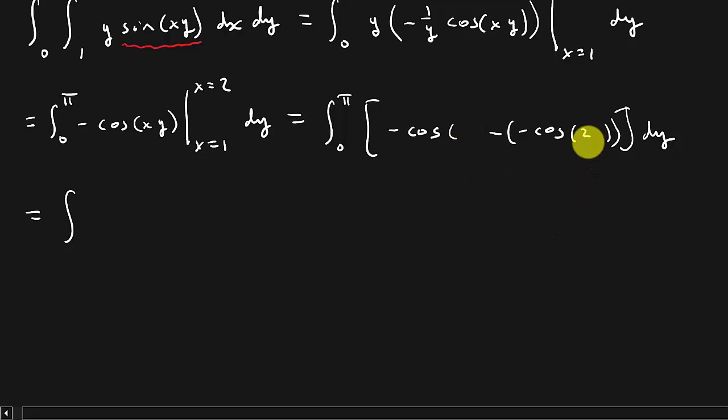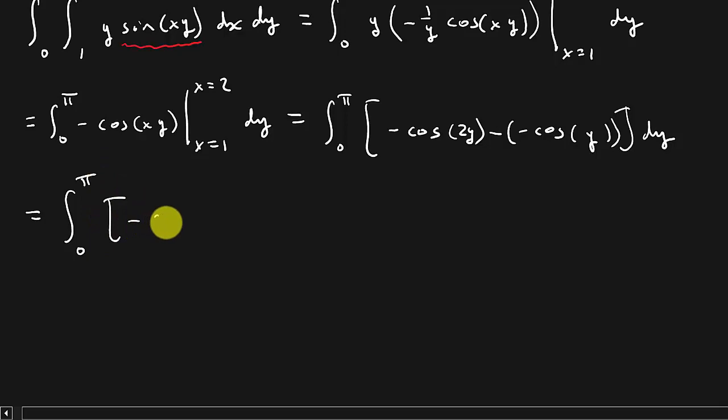I'm sorry, that should be 2y, and this should just be y. So plug the 2 in for x, there's the 2y. Plug the 1 in for x, there's the 1y. For some reason, I just put them in backwards. That happens from time to time.